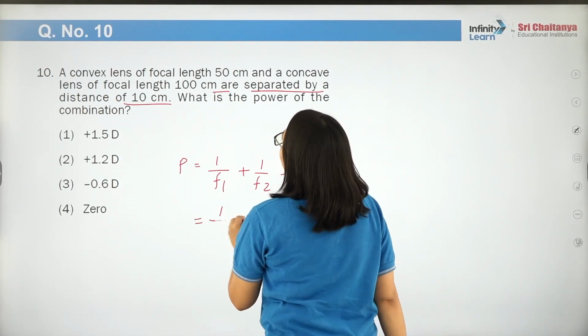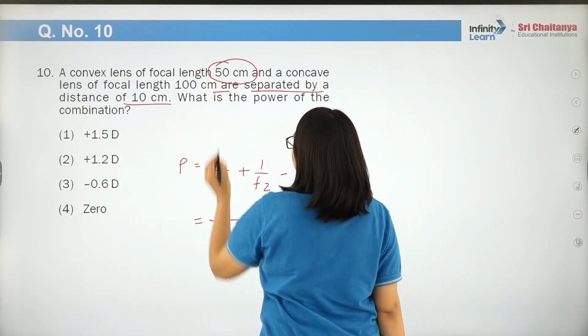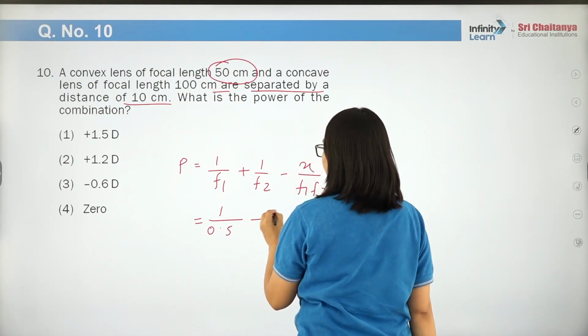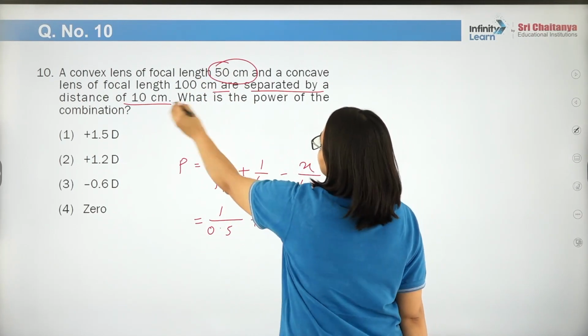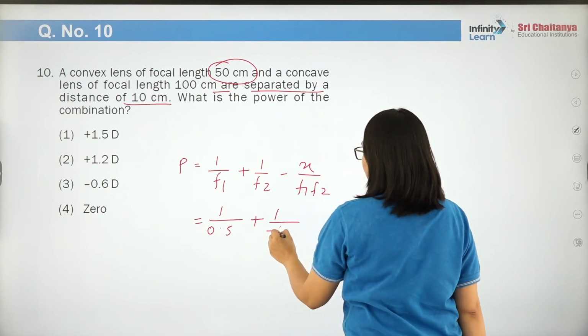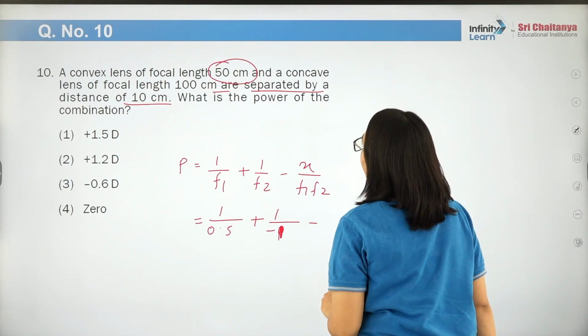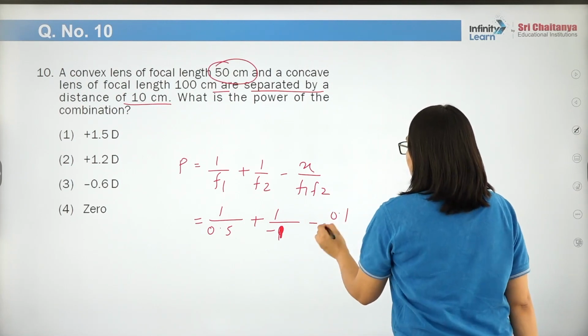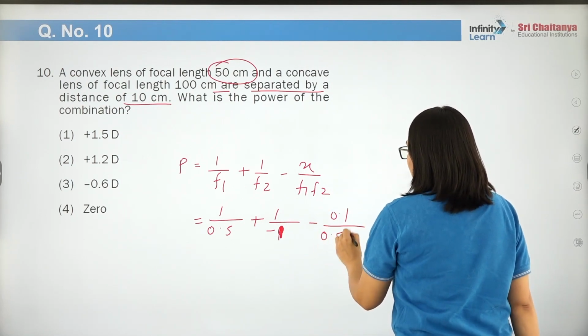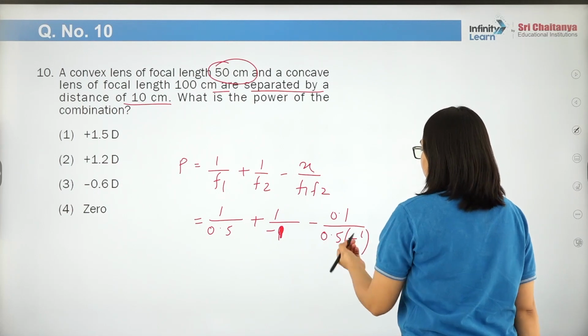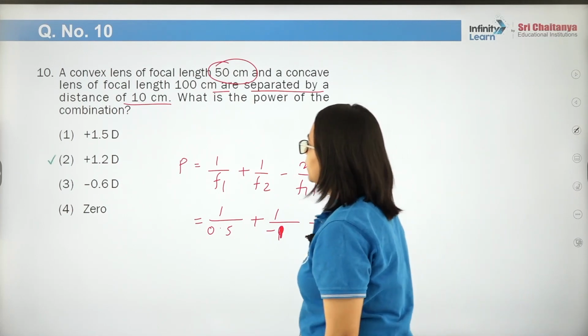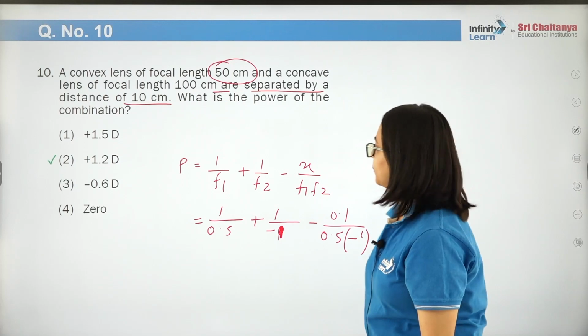So it will be 1 upon F1, this is convex lens, so it will be plus 0.5, plus 1 upon F2. The second one is concave lens, so it will be minus 1 only, minus x is 0.1 divided by F1 is 0.5 into F2 is minus 1. So after solving this one, you will get power as 1.2 diopter.